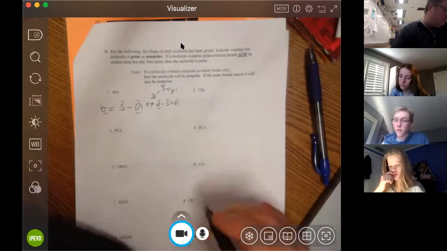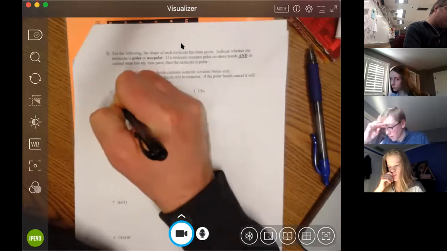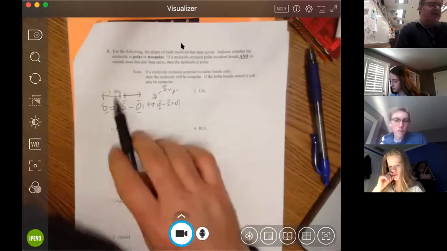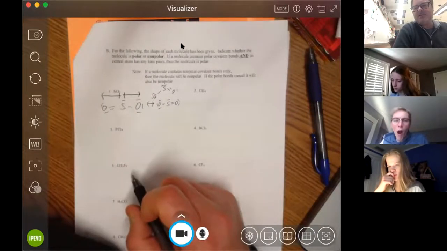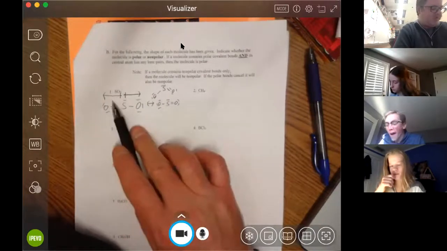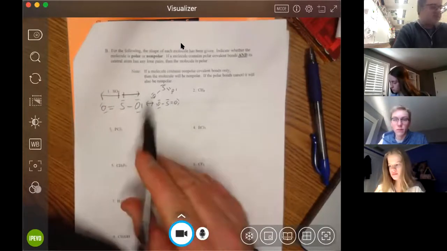Towards O. Right? So if we have this looking linear, it might look like these two things cancel each other out, and it would thus be nonpolar. Anytime you have two polar things cancel each other out, like a tug of war, it's nonpolar.